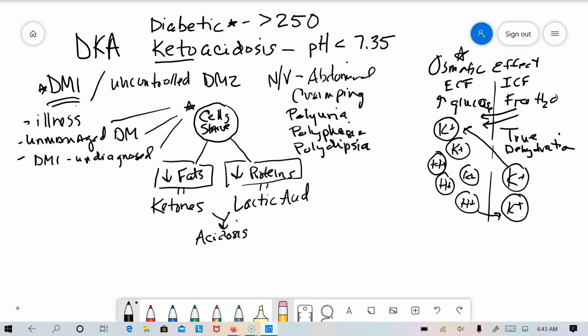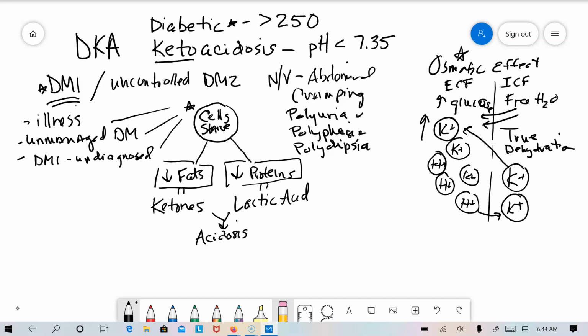So sometimes in the early stages of DKA, patients will have elevated potassium. Depending on how long DKA occurs before a patient gets treatment, because of that osmotic effect, free water is moving over and they're having polyuria, so they're excreting a large amount of urine and can over time lose potassium as well.